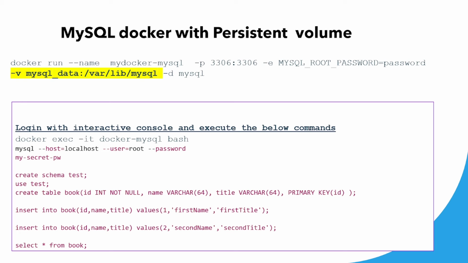Once the volume is created, we'll keep the volume and will not delete it. So every time we create a container, you reuse the same volume so that your data is preserved and we can use the data. Even if the container is destroyed, you will have the data intact.